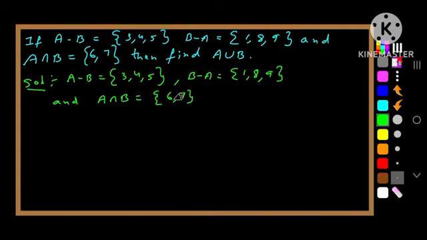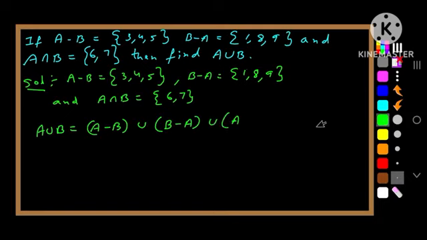Now how to solve this one? For that you have a formula. A union B is equal to A minus B union B minus A union A intersection B.